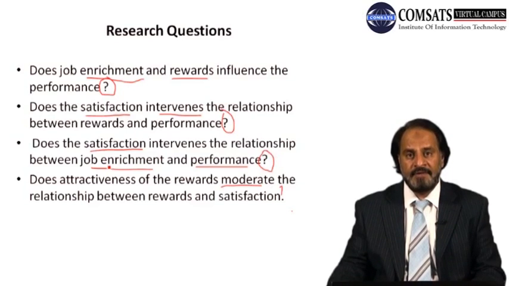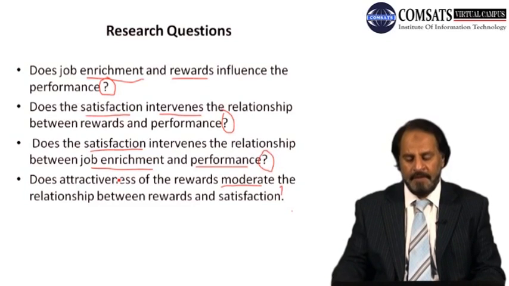Is there a relationship between job enrichment and job satisfaction? Is there a relationship between rewards and organization performance? These are all questions which are driven from the literature and the theoretical framework which we had developed.